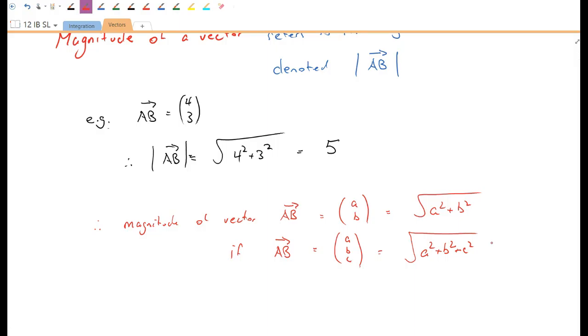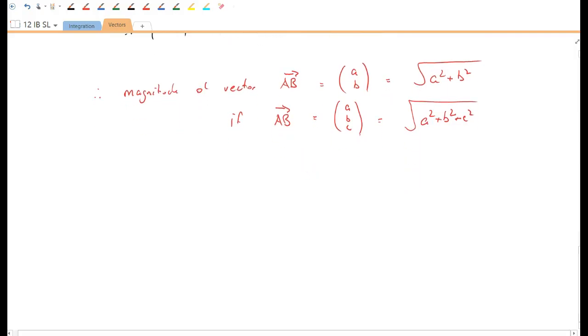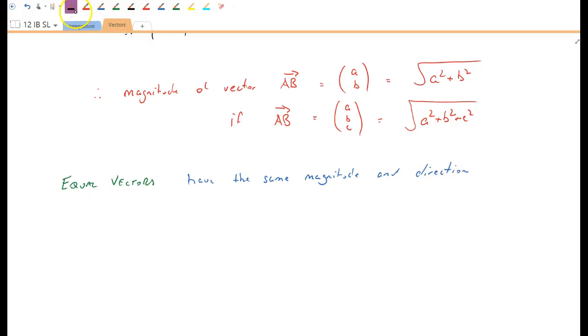Okay, let's have a look at how we're going for time. 8 minutes. Okay, so we'll have a look at equal vectors. Equal vectors have the same magnitude, obviously, and they've got the same direction as well, haven't they? So it's not too hard to think of a couple of vectors here that have got the same magnitude.